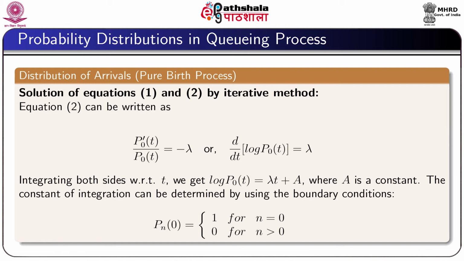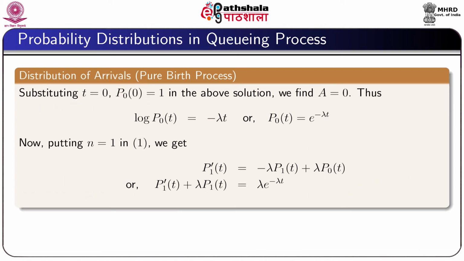To determine the value of this constant, we use the boundary conditions Pn(0) equal to 1 for n equal to 0 and Pn(0) equal to 0 for n greater than 0. Substituting t equal to 0, we have P0(0) equal to 1, and then we find that a equal to 0. Thus, we get P0(t) equal to e to the power minus λt.